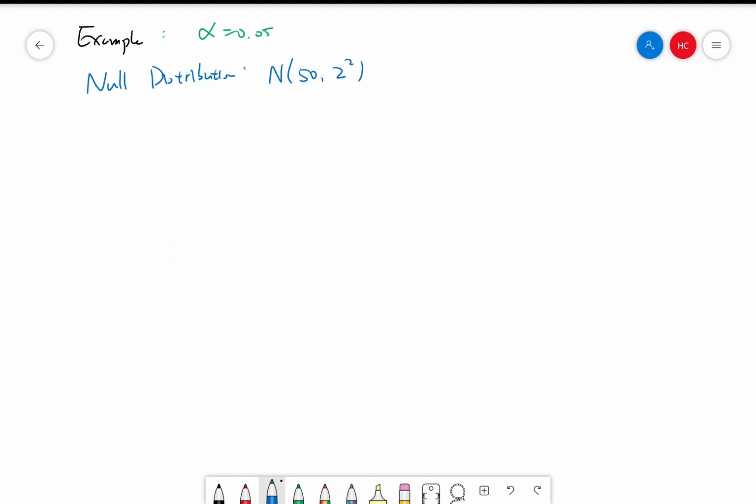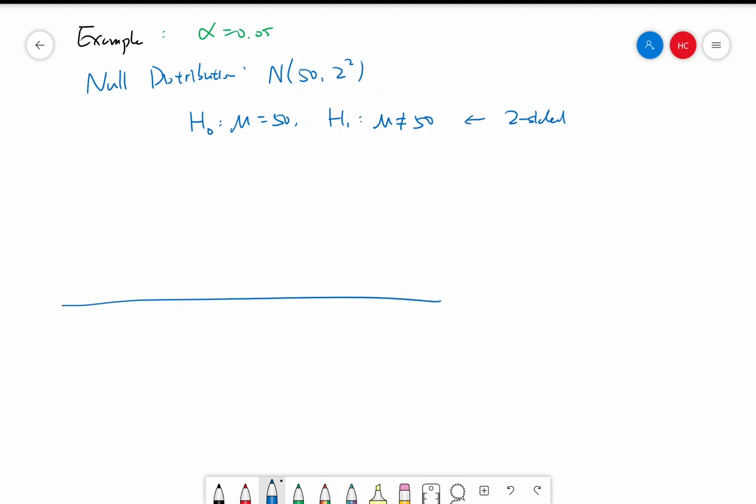But this time consider the hypothesis test being two-sided. So the null hypothesis is mu equal to 50, and the alternative is mu is not equal to 50. So this time it's two-sided. Okay, so let's first draw our null distribution. Mean is 50.